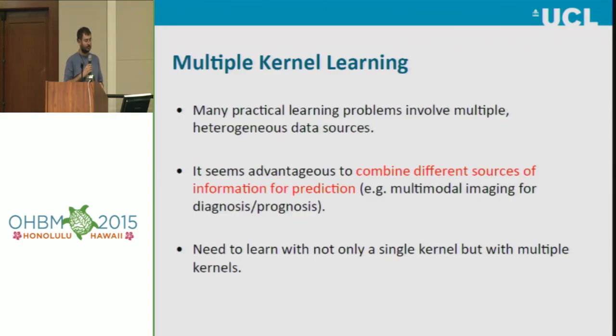We don't really want to use just the structural data on its own to do our classification. If we've also got diffusion weighted imaging and resting state fMRI, why not try to combine them all together? We can do this with multiple kernel learning. But now we're not learning with just a single kernel, but with multiple kernels associated with the different sources of data.